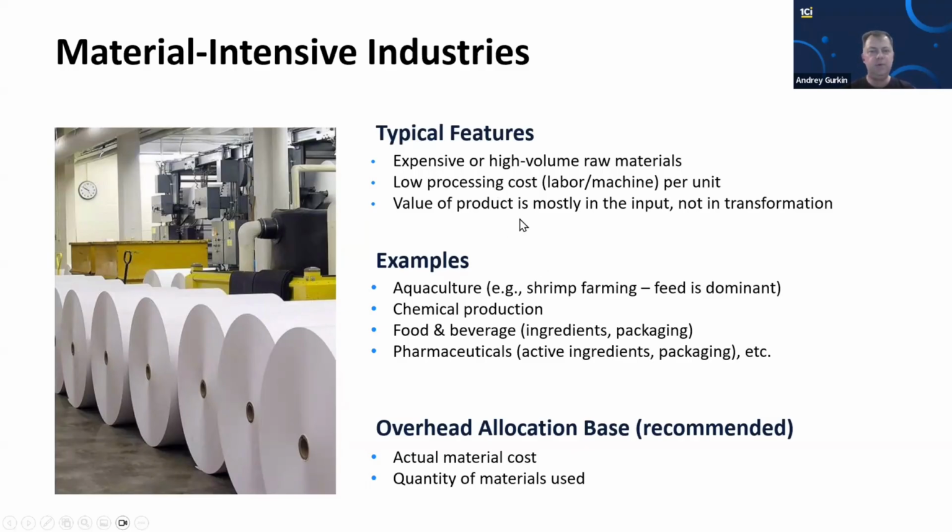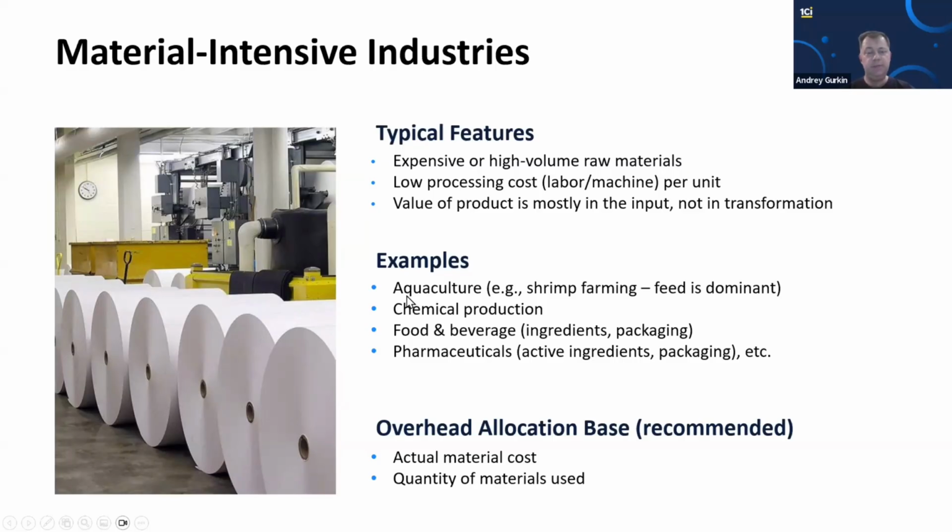And the value of products is mostly in the input, not in transformation. Transformation means here that you have a chain of semi-finished products, and then finished products. The cost of the initial materials might be 20%, but most of the value we provide through our transformational process.